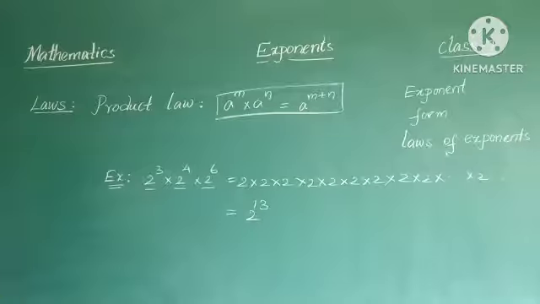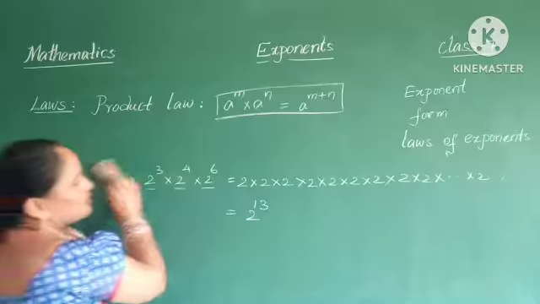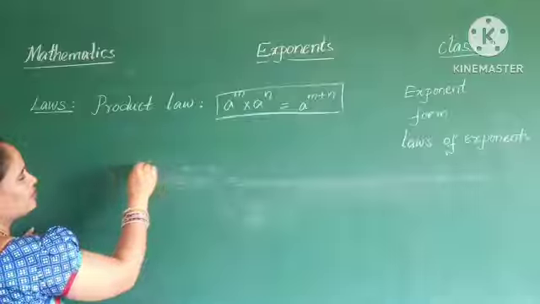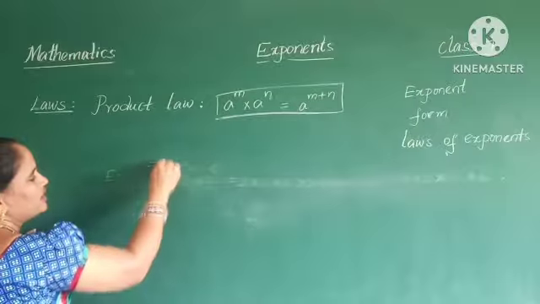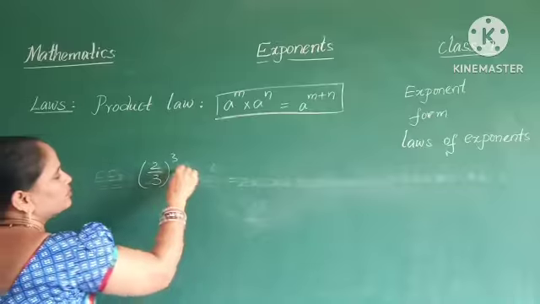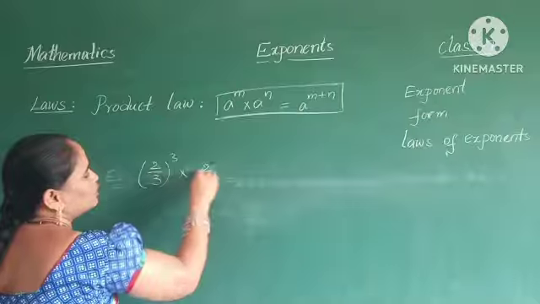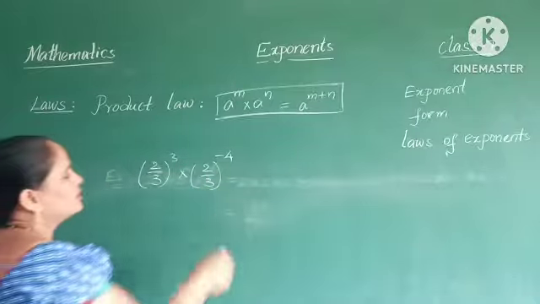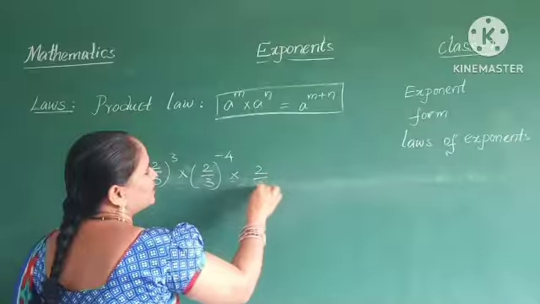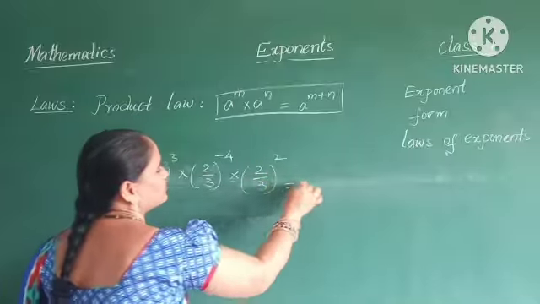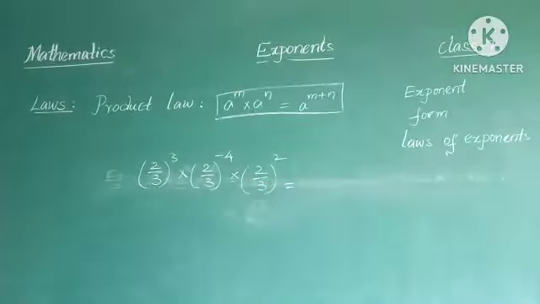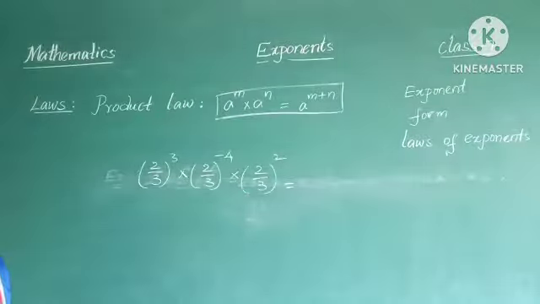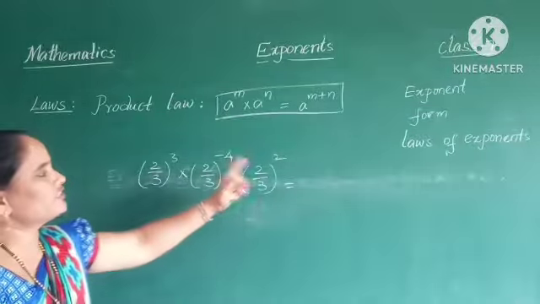See some more examples related to this law. One more example. 2 by 3 whole cube into 2 by 3 whole power minus 4 into 2 by 3 whole square. Here the base is same. What is the common base here? 2 by 3. Powers are different.